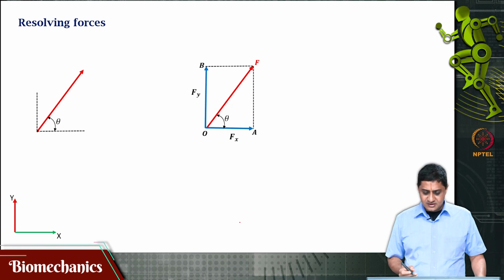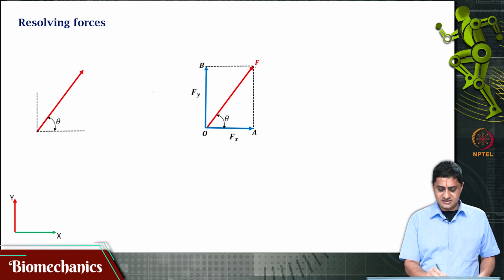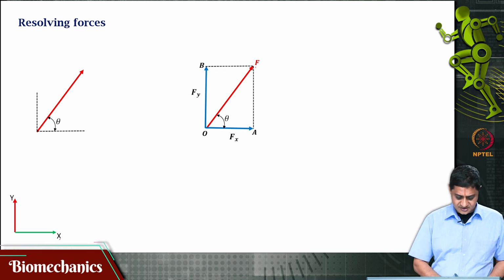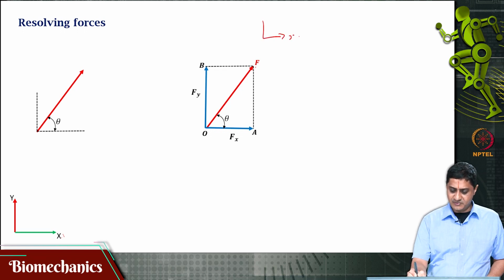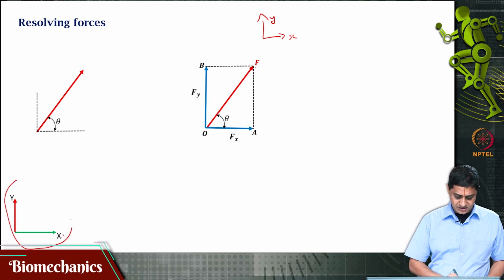Let us assume there is a force F acting in this direction shown, and that direction is given by some angle theta to the x axis. The xy axis is given here. So, that is the xy axis, anyway I am writing it again, it is already given here.